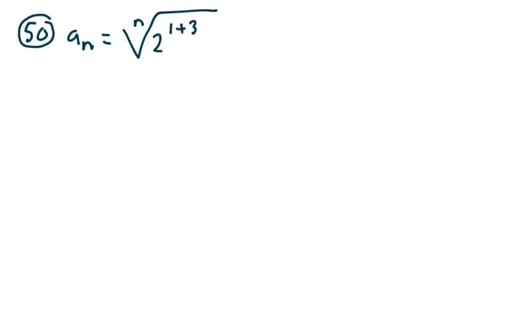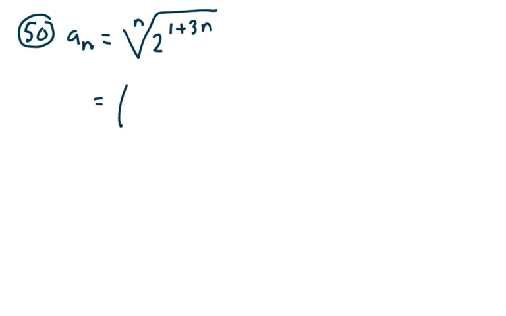I want to show you one last question. If we take a look at 50, suppose a sub n is the nth root of 2 to the 1 plus 3n.